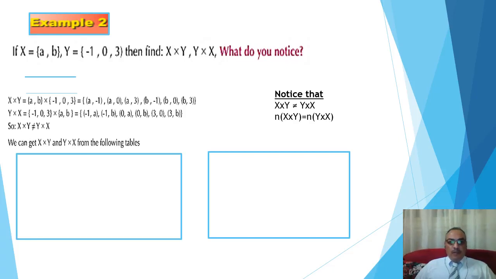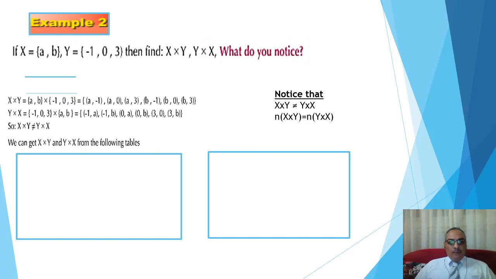We take the first element in X with the first element in Y inside two brackets, making an ordered pair: A with negative 1, then A with 0, second, and A with 3, third, and so on. B with negative 1, B with 0, B with 3. We obtain a set of ordered pairs of the product like this.